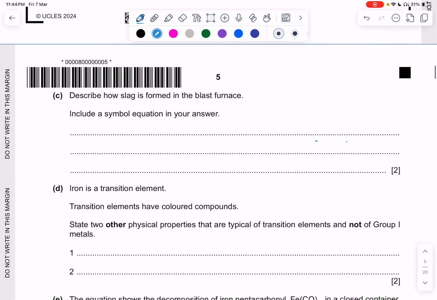Next, part C, describe how slag is formed in the blast furnace. Slag is basically formed when impurities react with the basic oxide produced by the decomposition of the calcium carbonate. So we can say that calcium oxide reacts with impurities such as silicon 4 oxide in the ore.